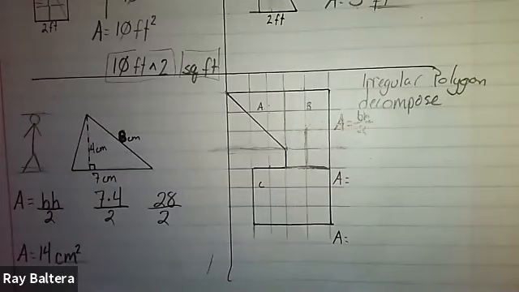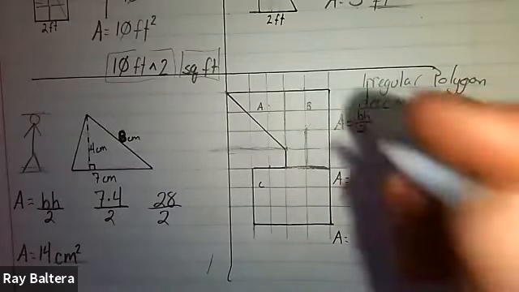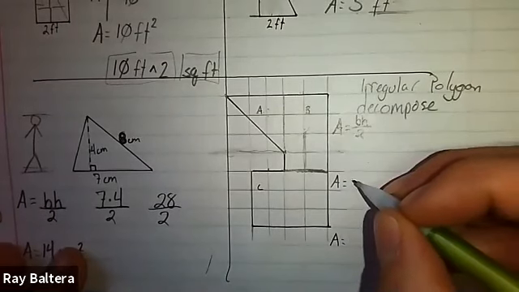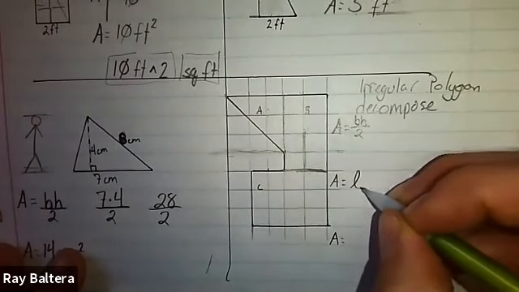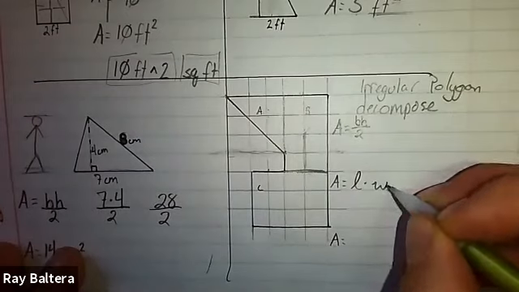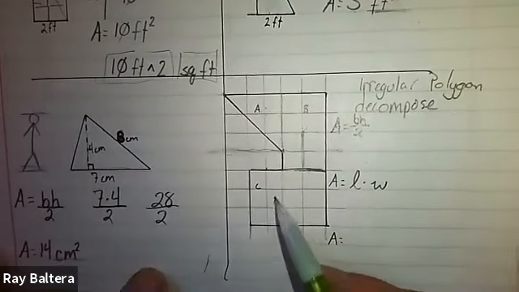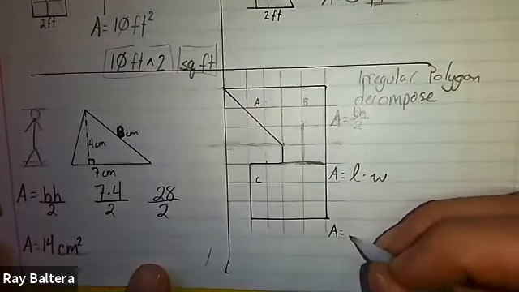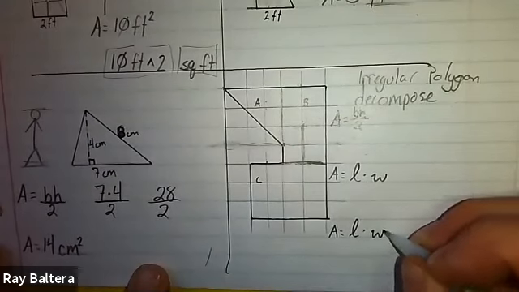Area equals what for a rectangle? Nazareth, that's for a triangle. Not E, that'd be W. Sorry, L. So length times width. And then C down here is another rectangle. So that means I would use length times width.